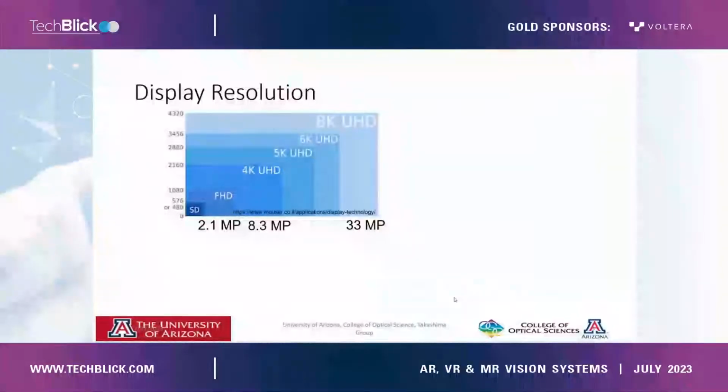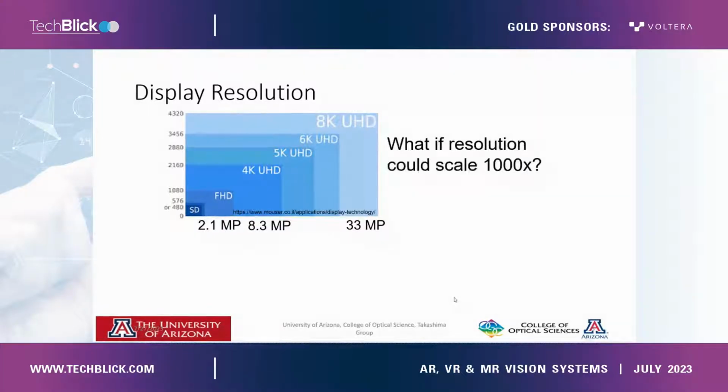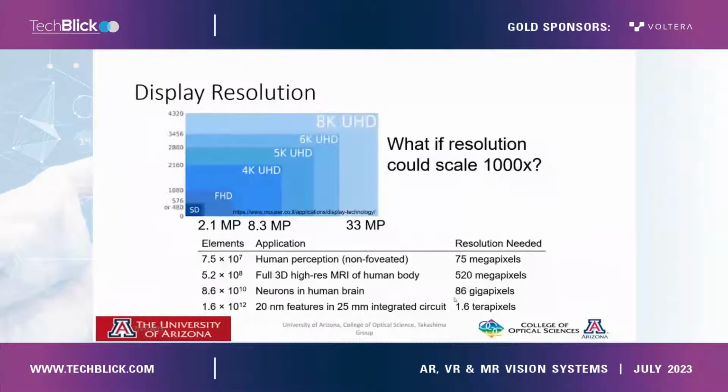Okay, so then display resolution. This is not a micro display, but now we have standard definition, Full HD, and 4K, 5K, 6K, and 8K. These are state of the art. But what if resolution could scale, say, 1,000 times? For example, our eye, human perception, has approximately 75 megapixels.